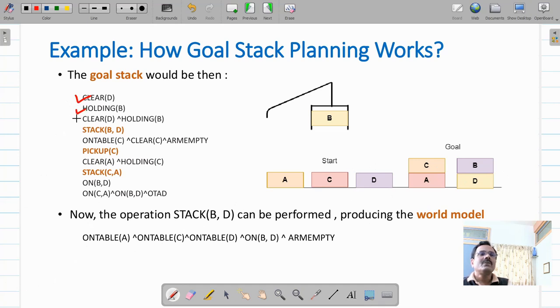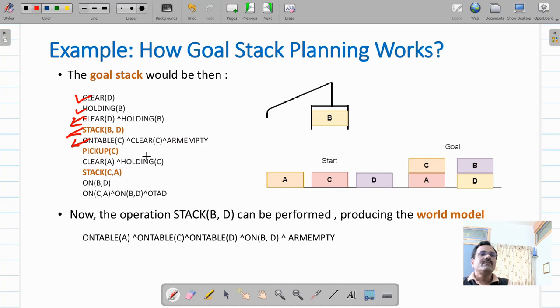Check the compound goal, clear D and holding B, yes it is true, pop it from the stack. Stack BD, you can stack B on D, yes, so you perform that operation, then it will be removed from the stack. Then on table C, clear C is true, arm empty is true. So this compound goal is also satisfied, pop it from the stack.